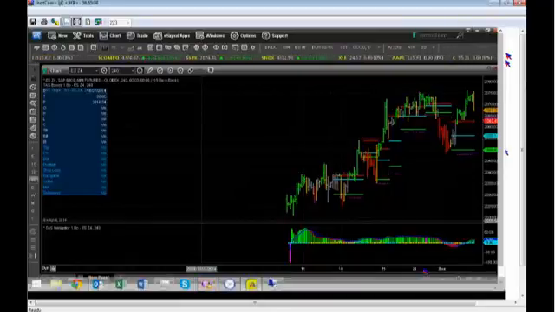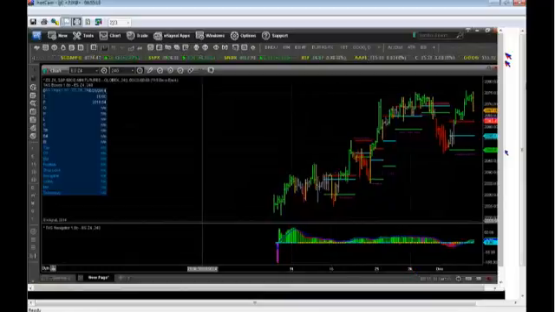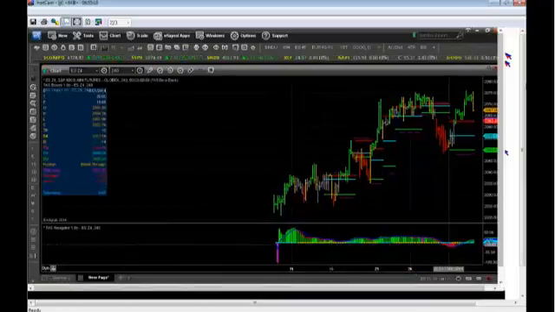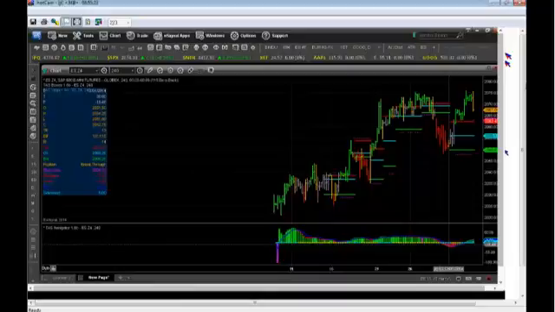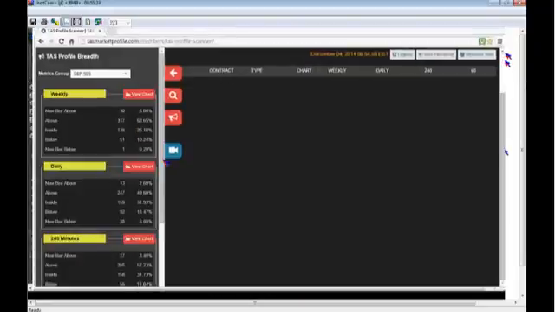Right now on the 240, we've got a new box that's probably going to appear on the S&Ps. But remember, you're going to have these little pullbacks in a trending up market, and I'm going to again reiterate, this is pre-market, but on the long term, breadth is super positive.